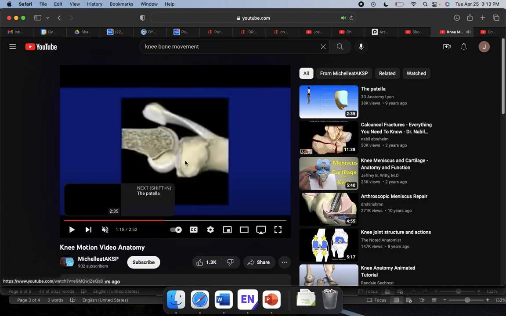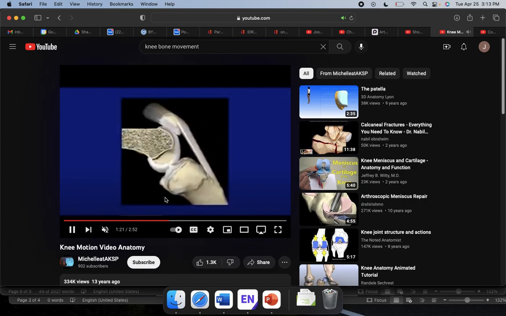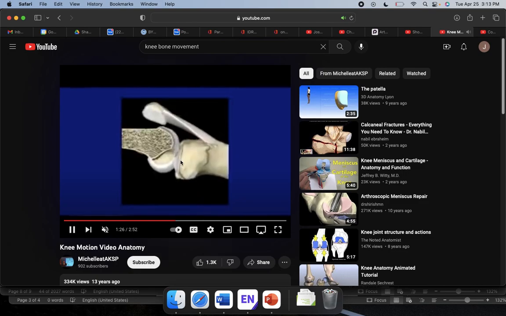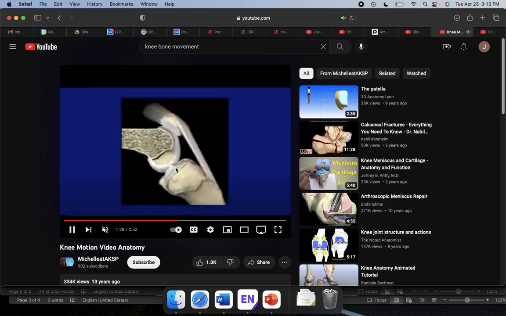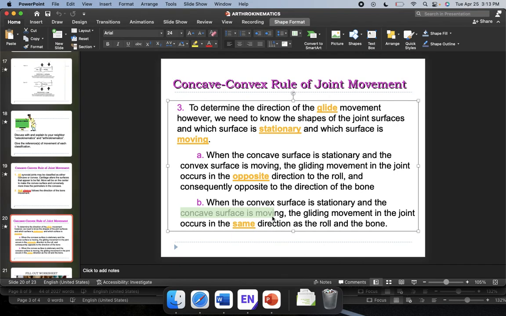When the moving bone is concave, like here on this tibial plateau moving on a convex femoral condyle, then the roll and the glide will occur in the same direction. As this knee moves posteriorly, because this is a concave bone moving on a convex surface, the roll is posterior, therefore the glide is also posterior. That is the convex rule of bone movement.